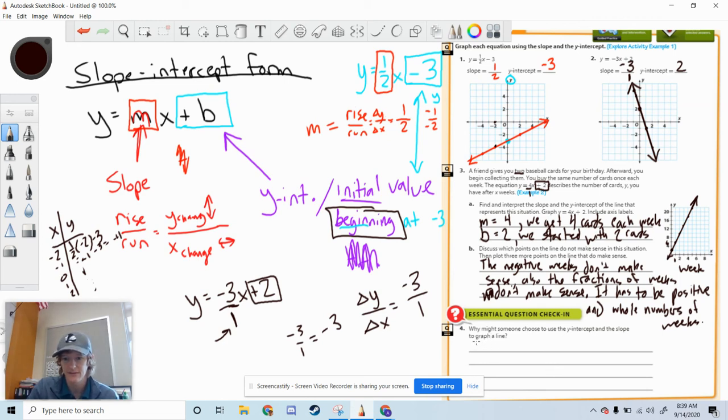Well, this method is much faster. And it's not always faster, I'd say. But when given an equation in slope intercept form.